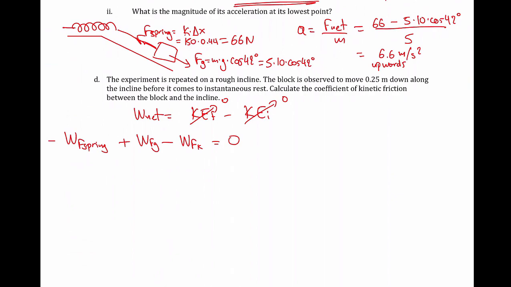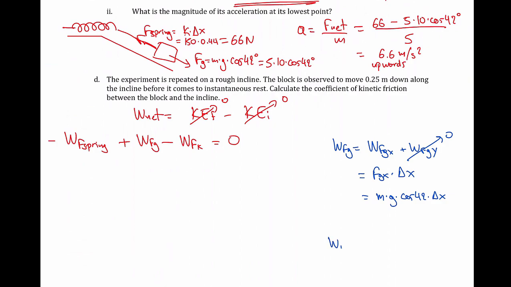Now, the work by the force of gravity is again work by force of gravity x plus work by force of gravity y. The work by the force of gravity y is 0 because the force of gravity y acts at 90 degrees with the inclined plane, and it is force of gravity x times the unknown distance. The force of gravity x is mass times g times cosine of the angle times the unknown distance.